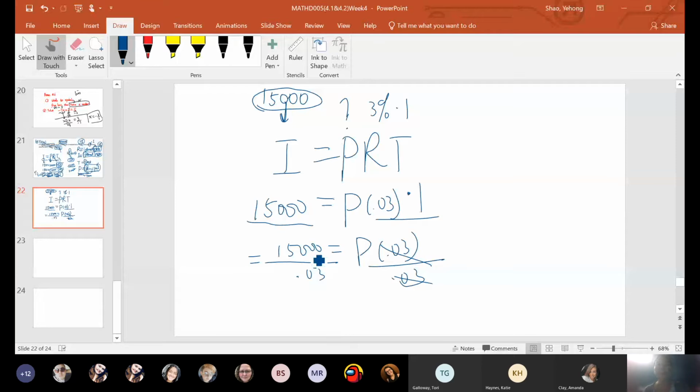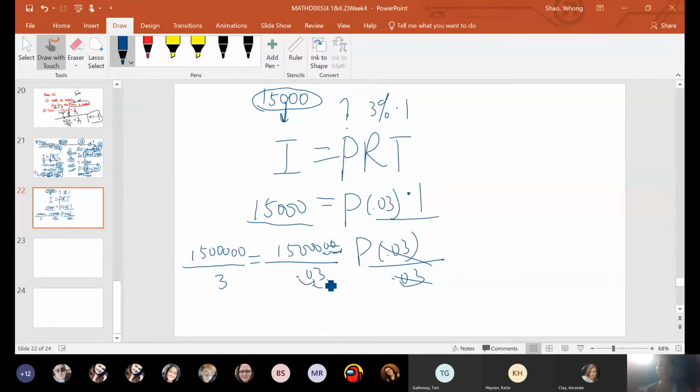So you can see why in the previous section we learned how to multiply, divide, add, and subtract decimals, because for this section we do need to use that. And in real life we do need those too. You can move the decimal point to the right 2 times to get rid of it. You get 1,500,000 divided by 3.